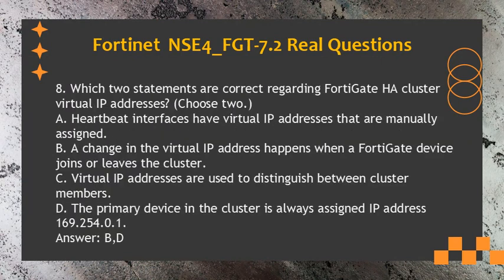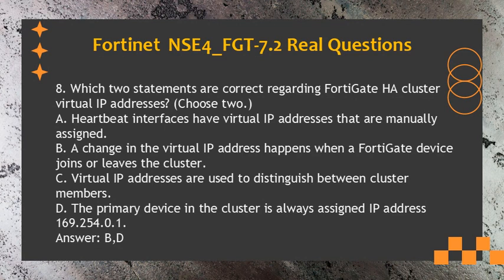8. Which two statements are correct regarding FortiGate HA cluster virtual IP addresses? Choose 2. A. Heartbeat interfaces have virtual IP addresses that are manually assigned. B. A change in the virtual IP address happens when a FortiGate device joins or leaves the cluster.